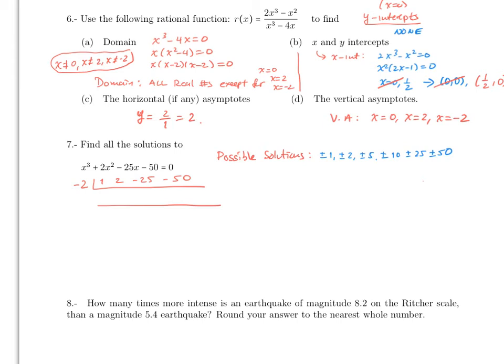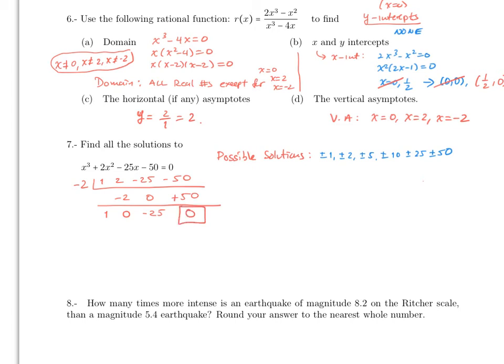For the synthetic division, you just bring this one down. So this will give you 1. 1 minus 2 is... 2 minus 2 is 0. 0 times -2 gives you 0. So this is minus 25. Minus 25 times -2 is positive 50. So this is 0. This is what we want.